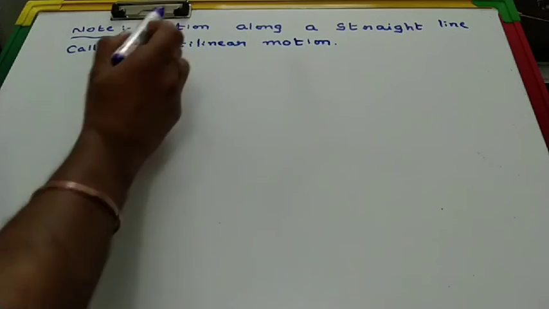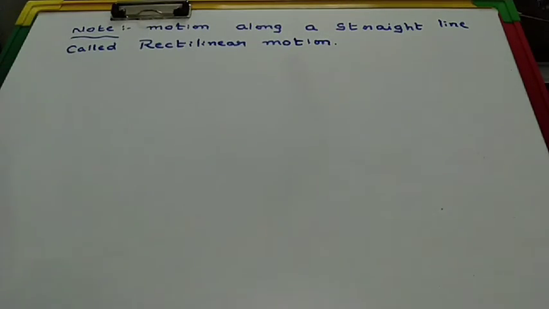Once again, motion along a straight line is called rectilinear motion.